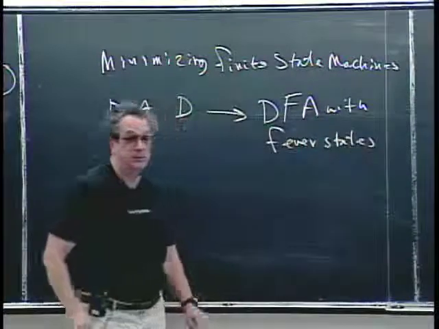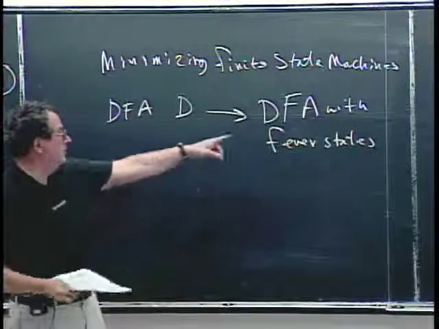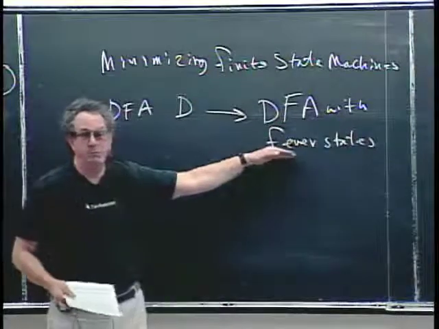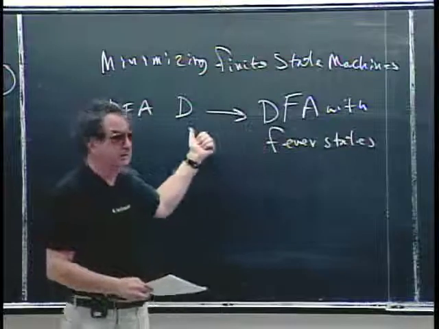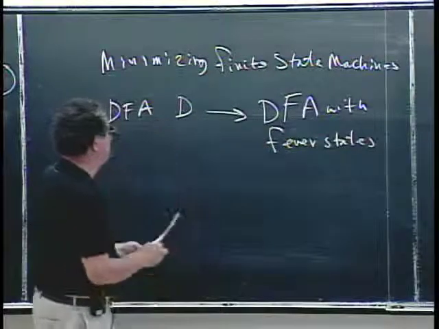In fact, we're going to be able to construct the DFA that has the minimum possible number of states over all DFAs that recognize the same language that this DFA does.